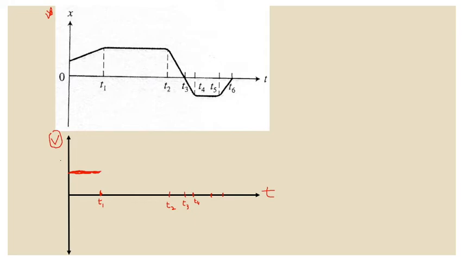Then from T1 to T2, the slope is 0, which means the velocity is 0. Now, all of these lines are straight, and so this graph is not really showing that much acceleration. So we are going to use here what we refer to as discontinuous functions.